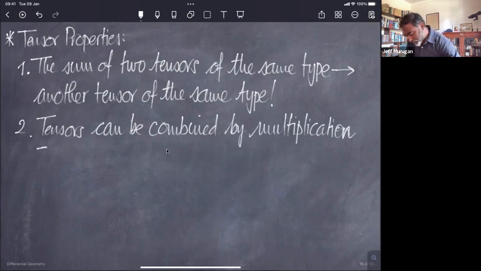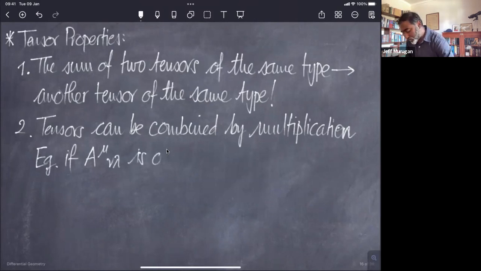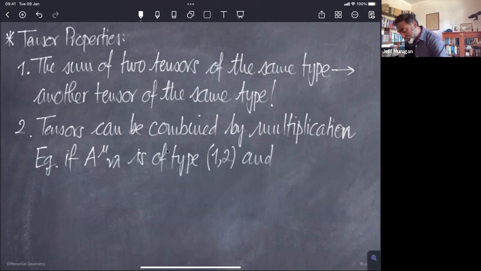So, for example, if I have a tensor A, say mu lambda, and this is a type 1,2 tensor, and B, say alpha, beta, gamma, delta, and this is a type 2,2 tensor.